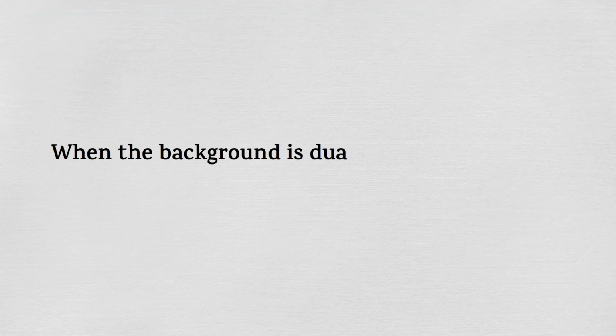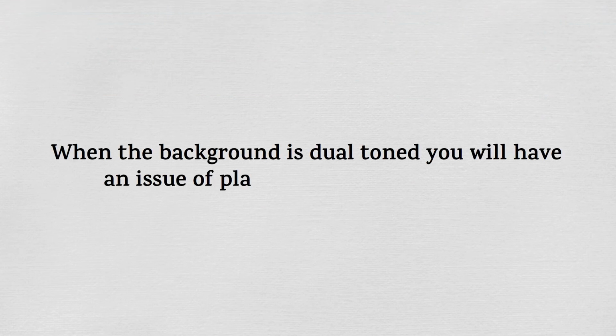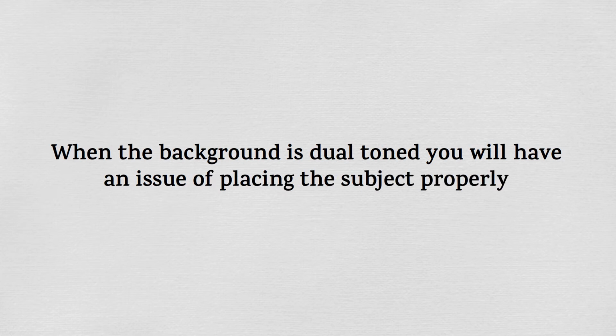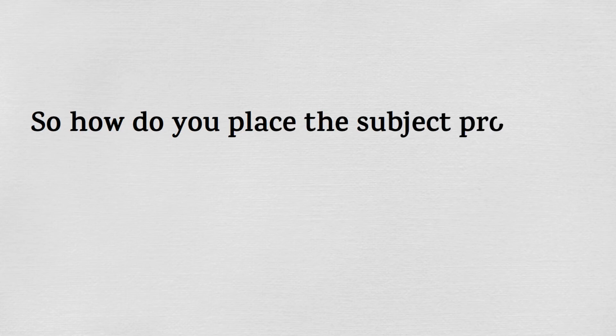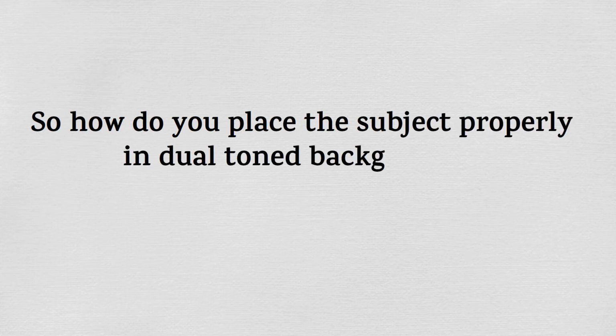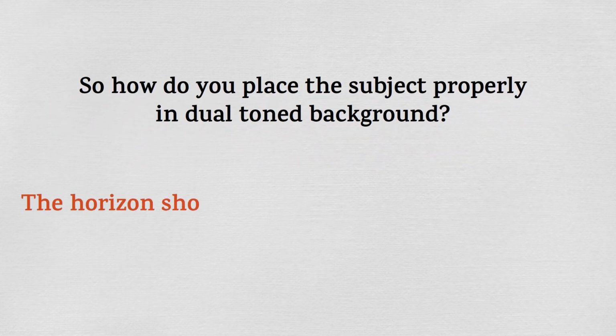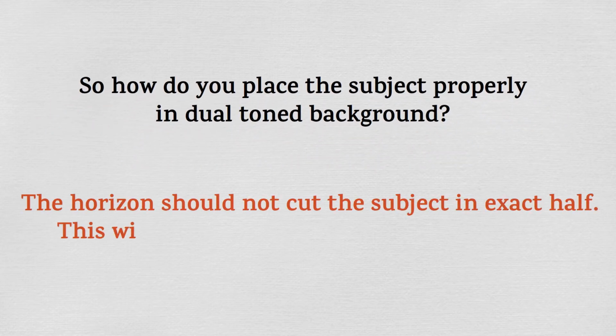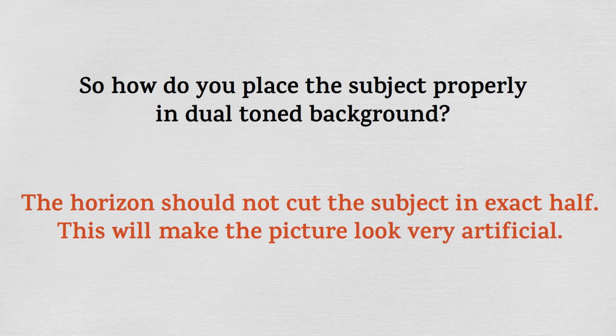When the background is dual toned, you will have an issue of placing the subject properly. So how do you place the subject properly in the background of a dual toned background? The horizon should not cut the subject in exact half. This will make the picture look very artificial.